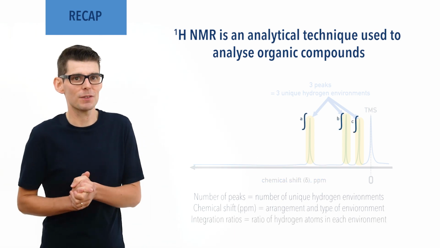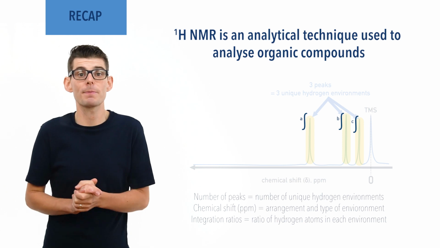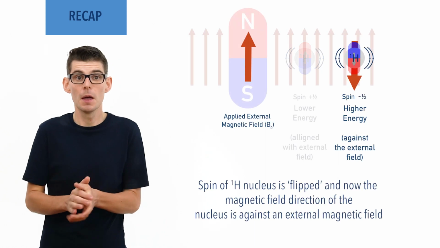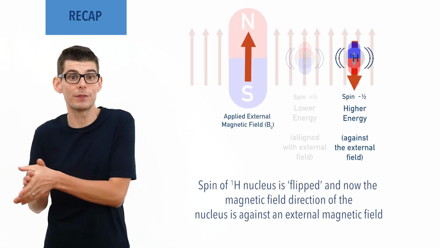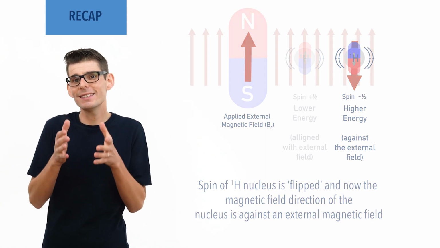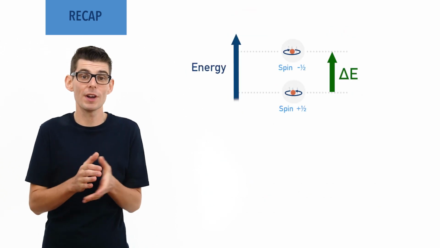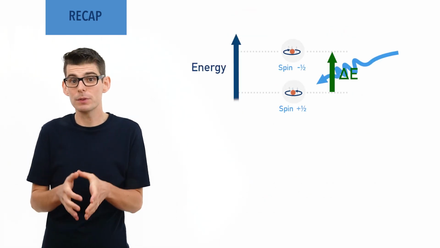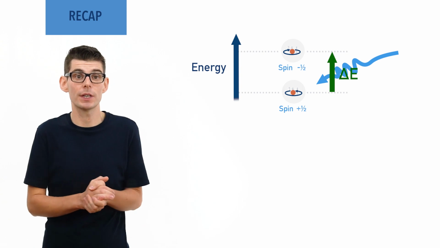In proton NMR spectroscopy, the nucleus of a hydrogen atom, a proton, has its magnetic field flipped against the direction of an externally applied magnetic field, by its spin also being flipped. Energy is needed to do this and comes from radio waves. When this happens, resonance is said to have occurred.